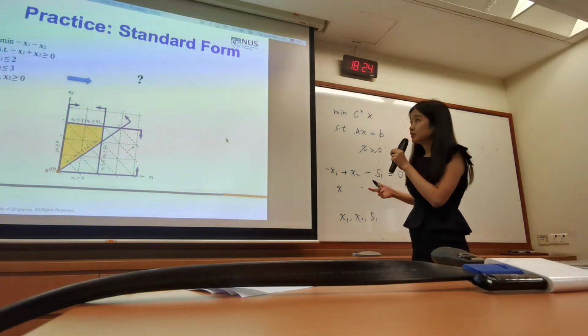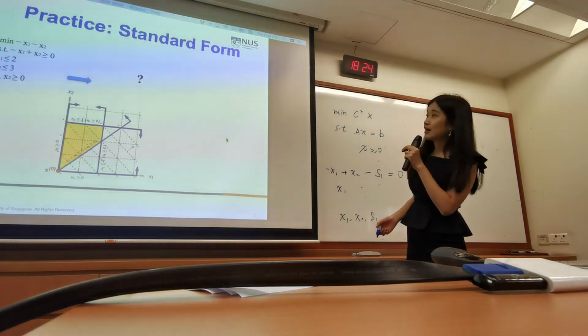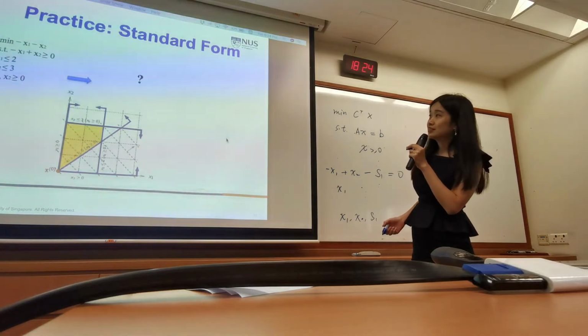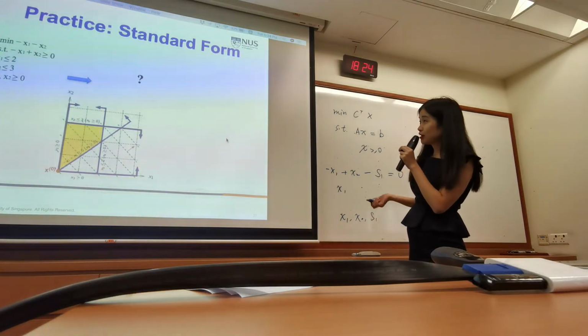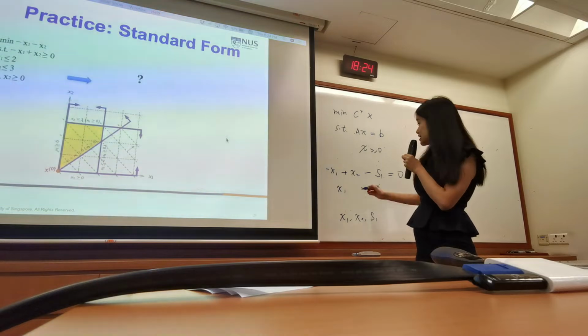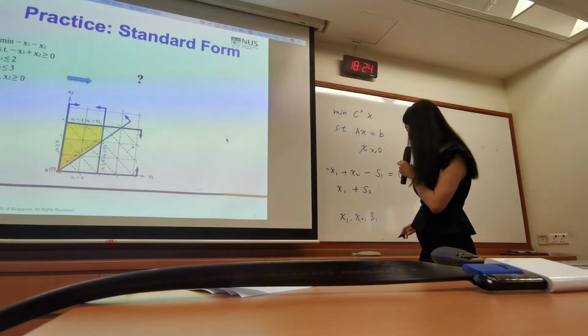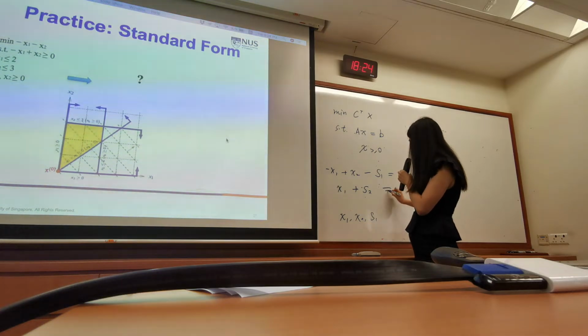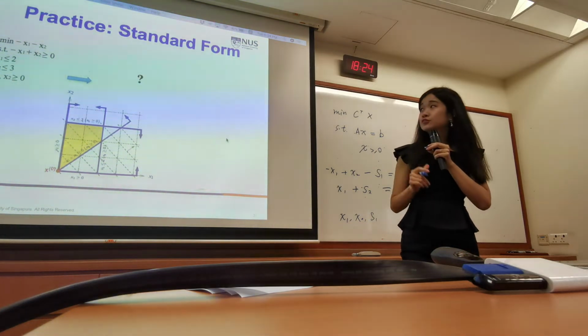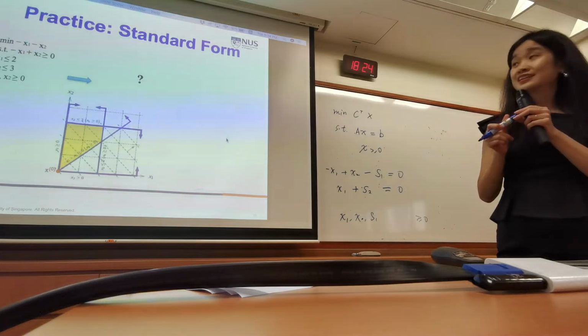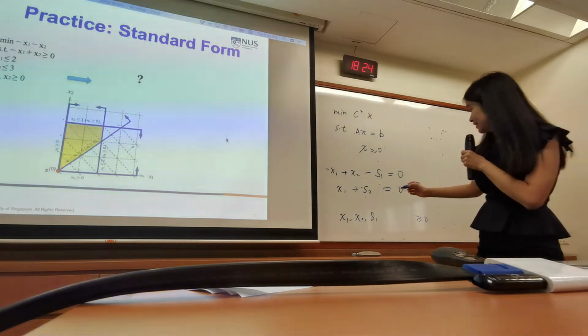You need to turn that into an equality constraint. Because it's smaller or equal than 2, you can write a slack variable S2 to make it an equality.